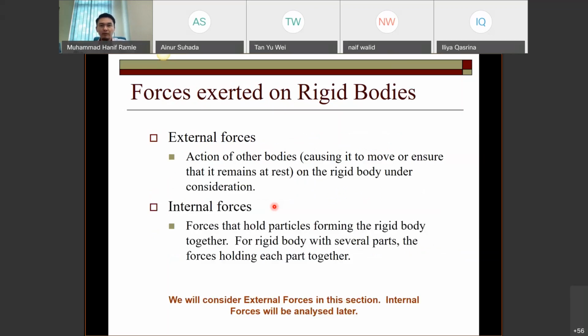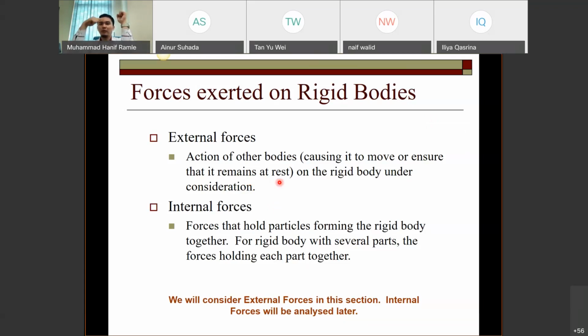Just a recap about the external and internal forces acting on a rigid body. We have two different kinds of forces. The first is external forces, which are the action of other bodies, like my other finger here. This external force causes the hand to move or ensures that it remains at rest.